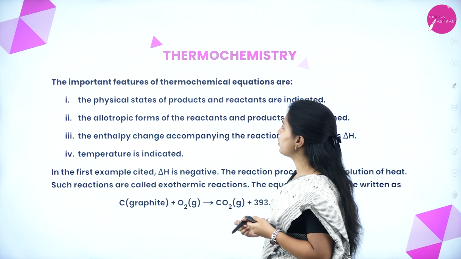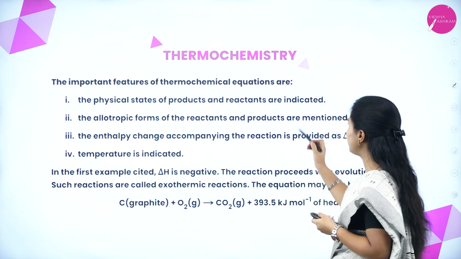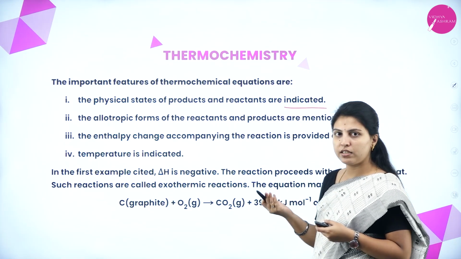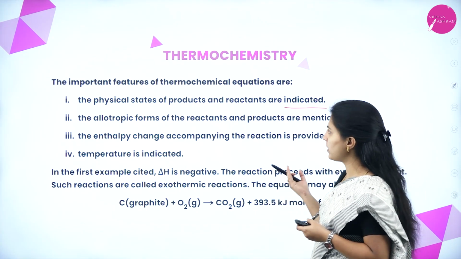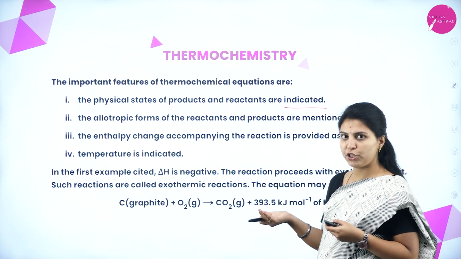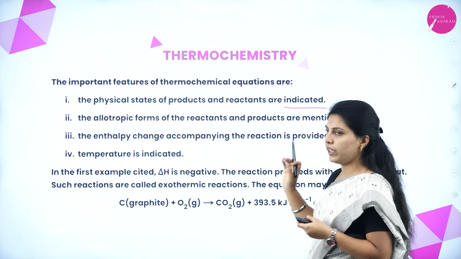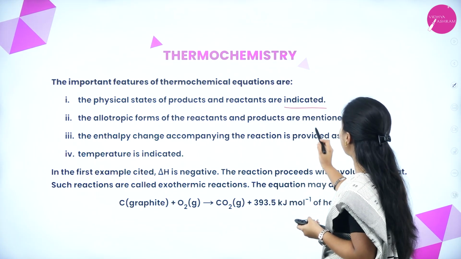Next, important features of thermochemical equations: the physical states of products and reactants are indicated. Physical states like solid, liquid, aqueous or gas, whatever the physical state of products and reactants, will be shown in the equation also. The allotropic forms of the reactants and products are mentioned.